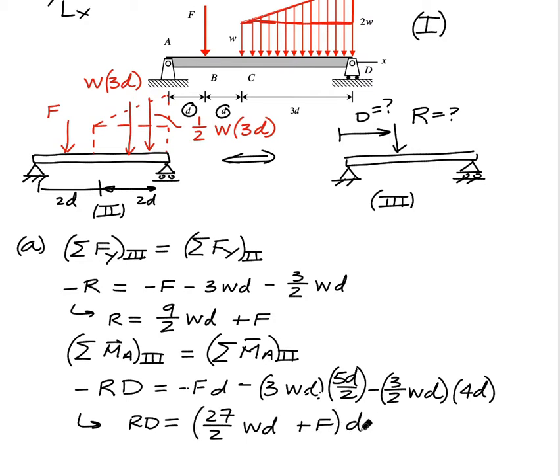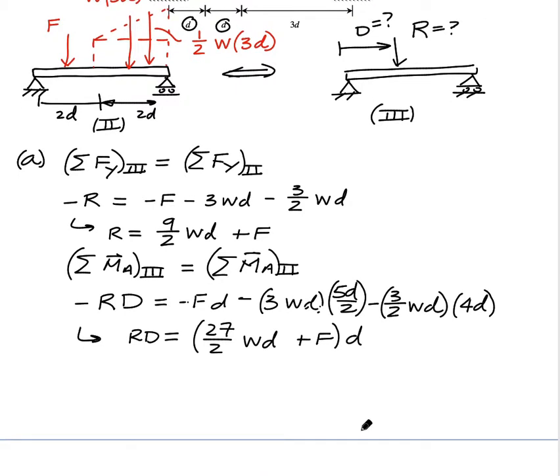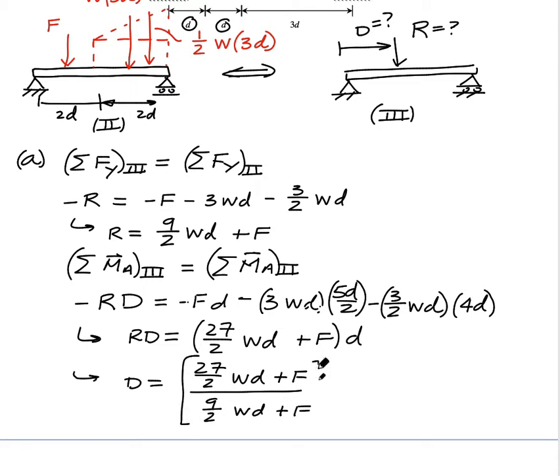And so therefore the location of that single force equivalent, D, is going to be the 27 over 2 WD plus F divided by the R. The R we said was equal to 9/2 WD plus F. And that ratio, that dimensionless ratio, gets multiplied by the dimension given in the problem there of D. So this defines the magnitude of the single force equivalent. This tells you the location.